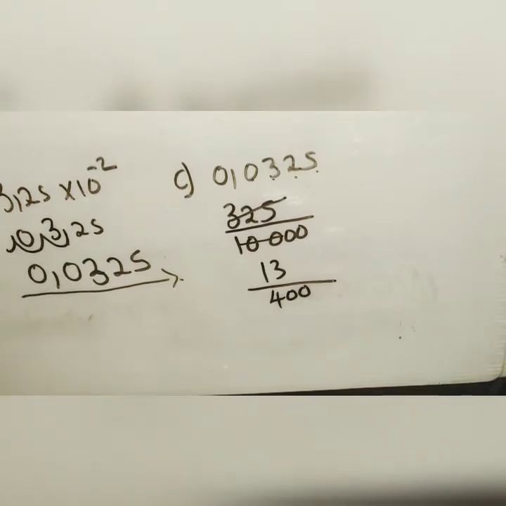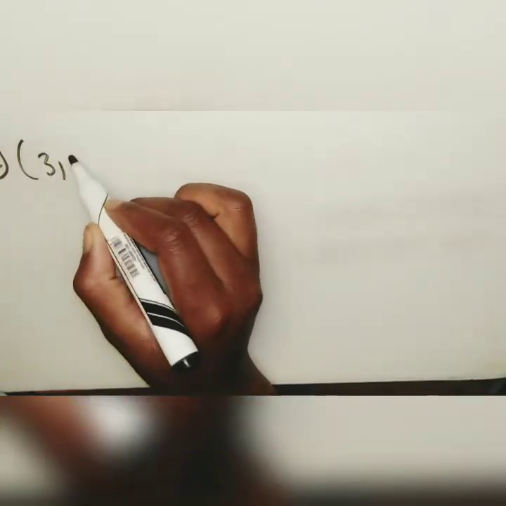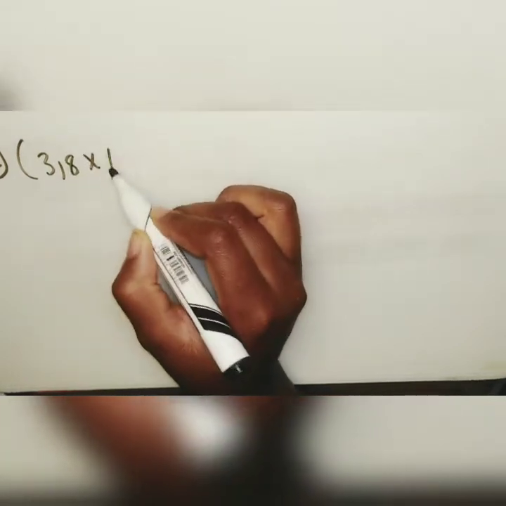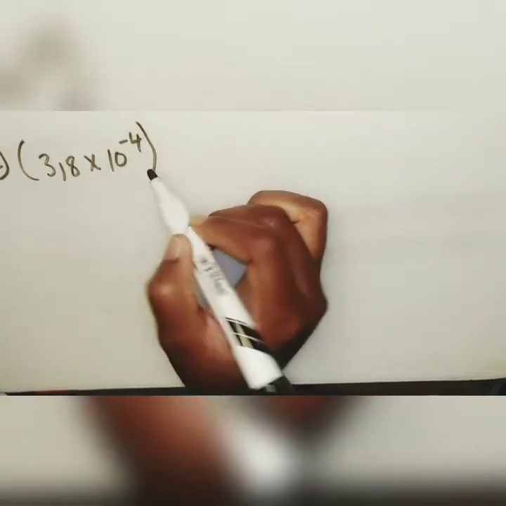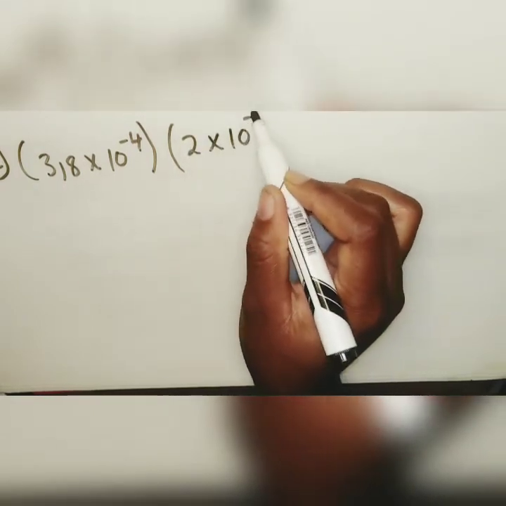And then we are moving on to question number 7, where they've asked us to simplify these ones, which are straightforward. We have 3.8 times 10 to the power minus 4 multiplied by 2 times 10 to the power minus 5.